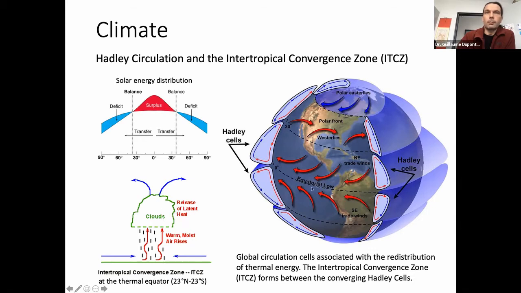So at the equator, we get the convergence of two of these cells. We heat the surface, and then at the equator, we have rising air. The air cools, condenses, can't hold moisture, and rains out.